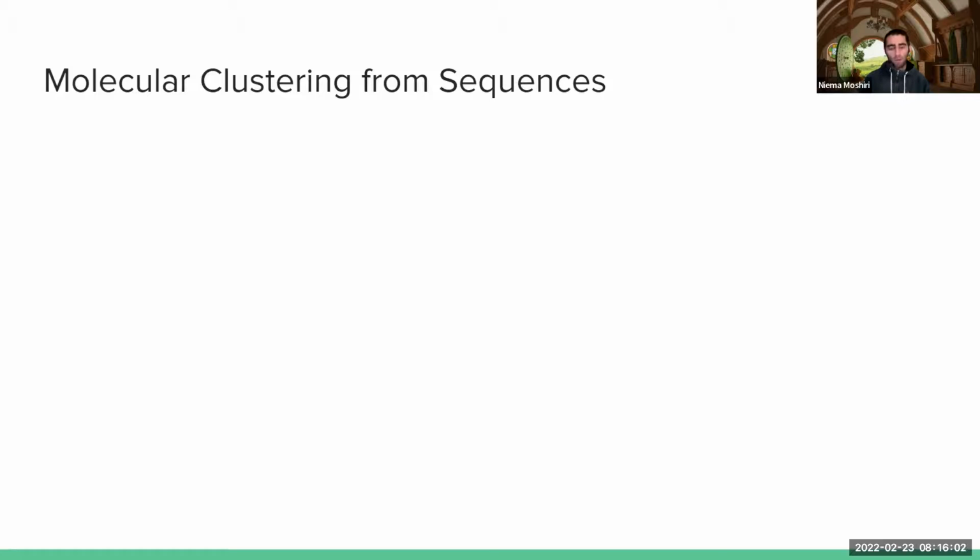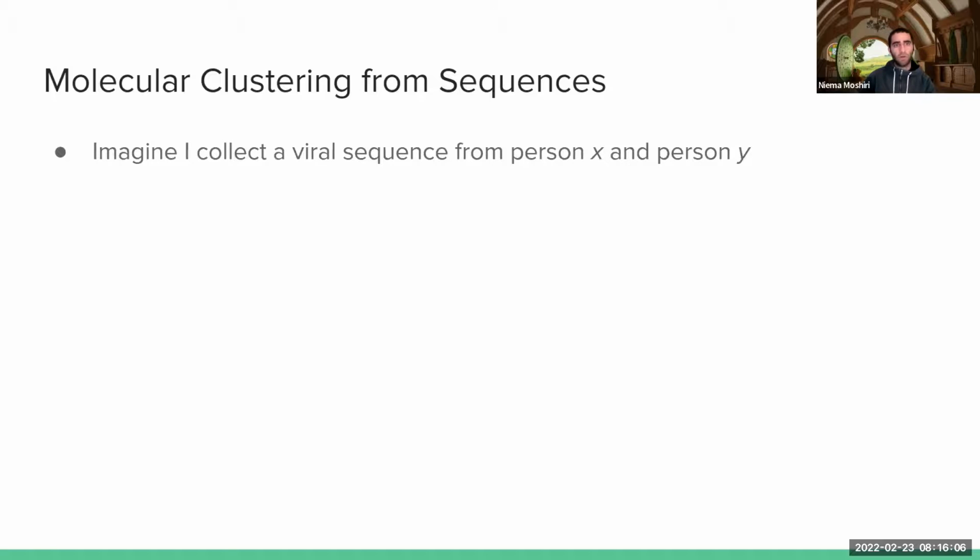To motivate the approaches that are used, I'm going to go with an example scenario. Imagine that I have two people, person X and person Y, and I collect a viral sequence from both of them. Let's consider a few scenarios.